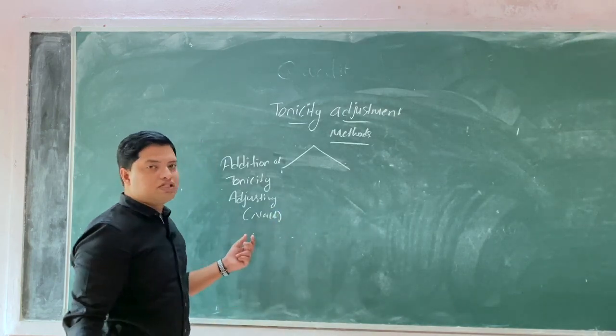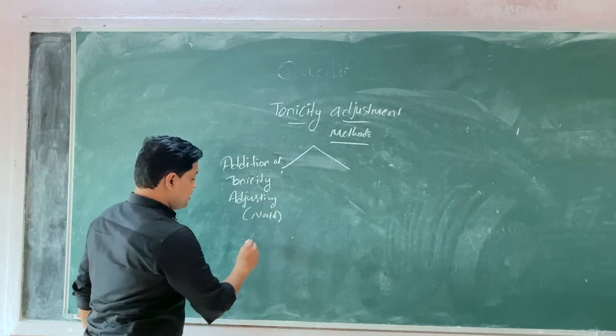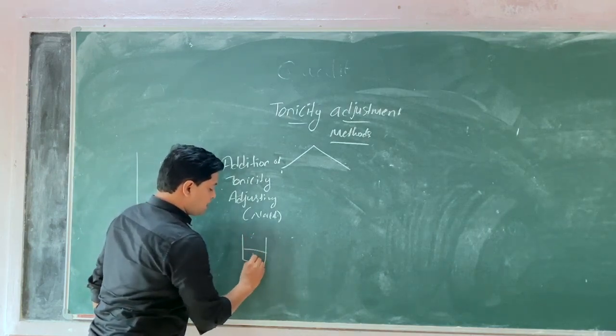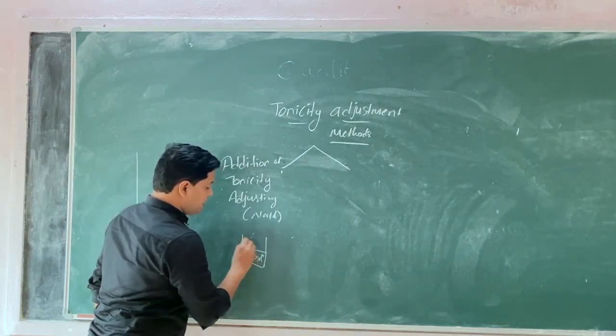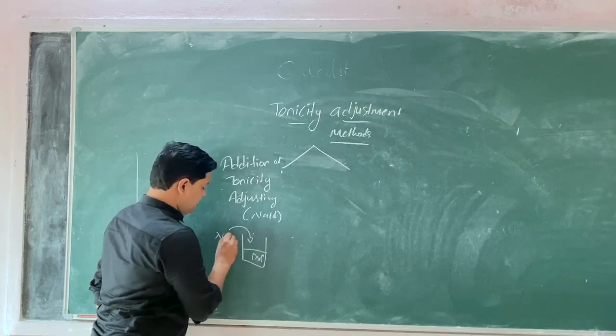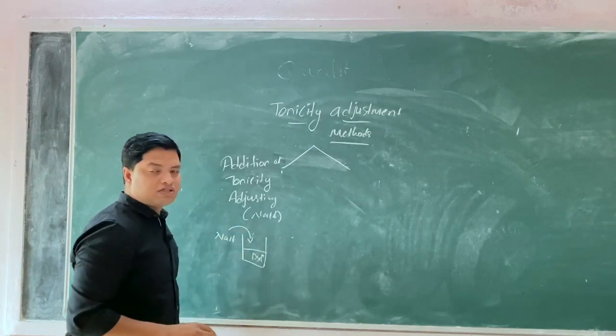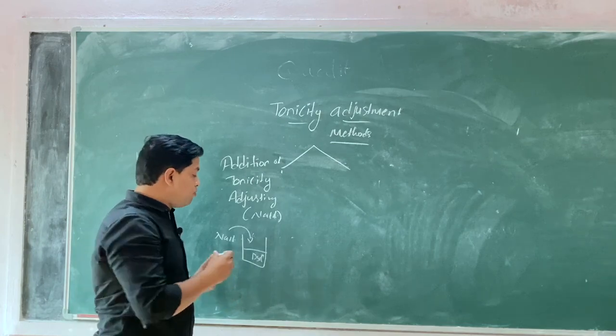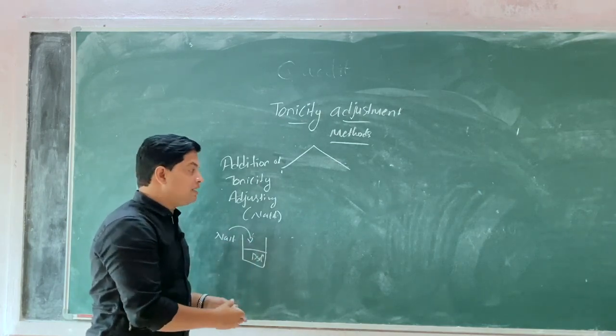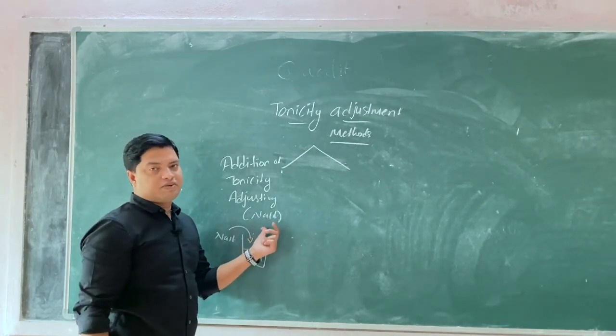What do you mean by this? You will be given the drug solution already. Into this drug solution you need to add the tonicity adjusting material, that is NaCl. So how much amount of NaCl needs to be added? That is your first method.